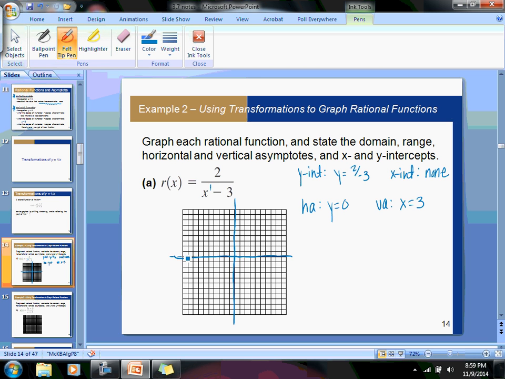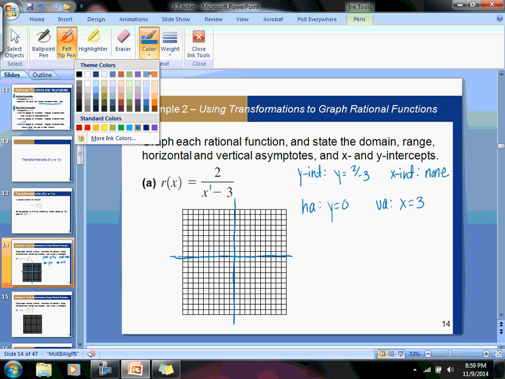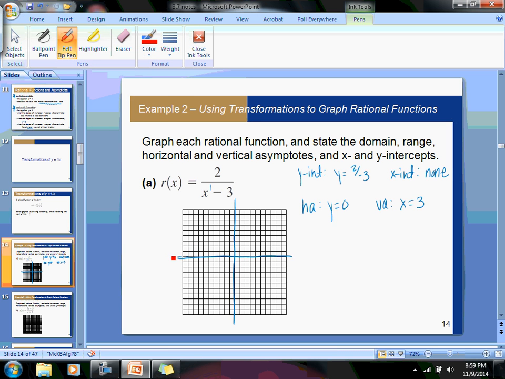So that's actually my axis. So I could even switch colors here to show where those are. Okay. So there's my horizontal asymptote. I'm going to put a dashed line. And my vertical asymptote is at 3. So again, I'm going to put in a dashed line.